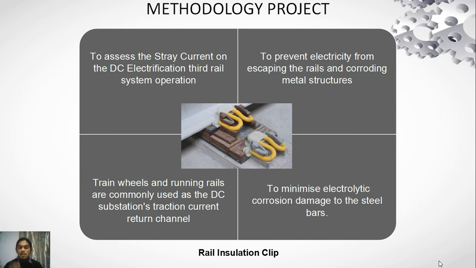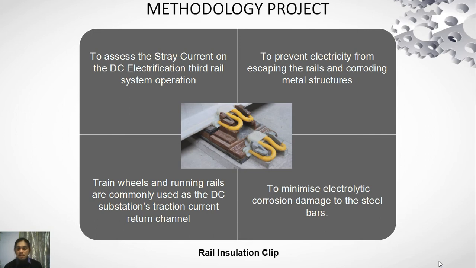wheels and running rail are commonly used as the DC substation traction current return channel, except for the 4-rail track system, because current may flow out of the rail and return at another location.